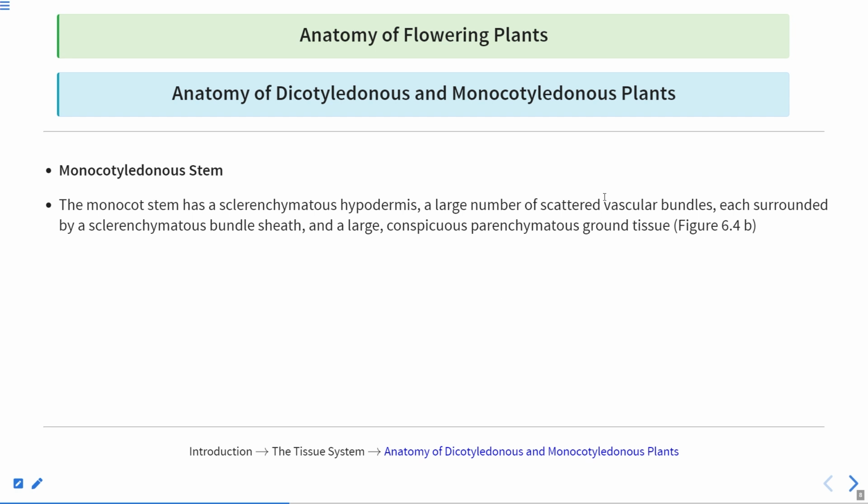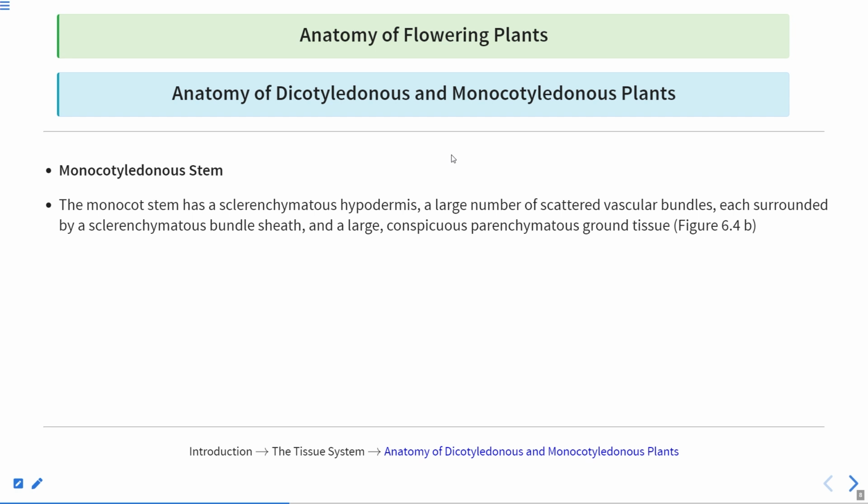A large number of scattered vascular bundles, each surrounded by a sclerenchymatous bundle sheath and large conspicuous parenchymatous ground tissue. Now you have seen the difference between the hypodermis of the monocot and the dicot.